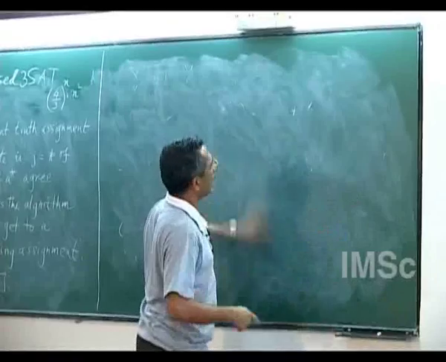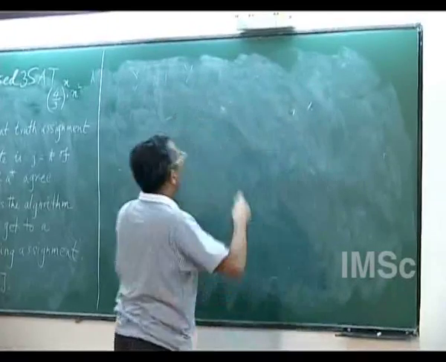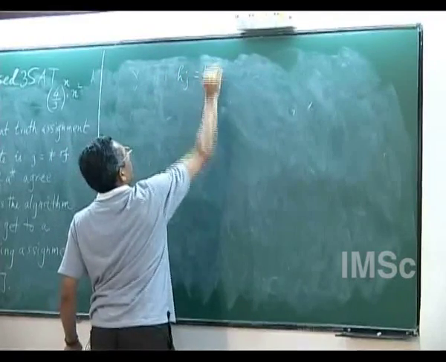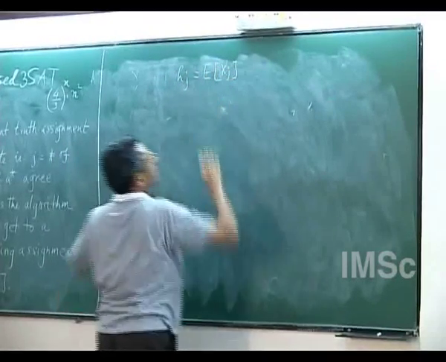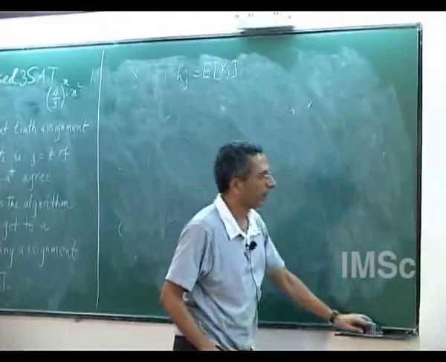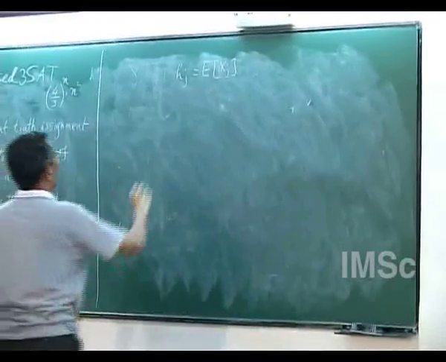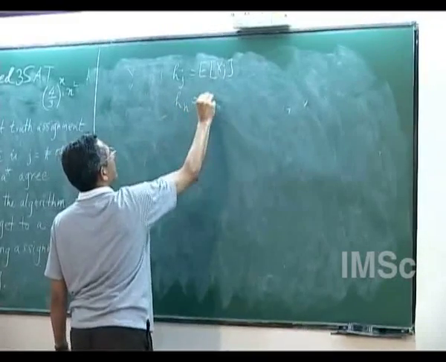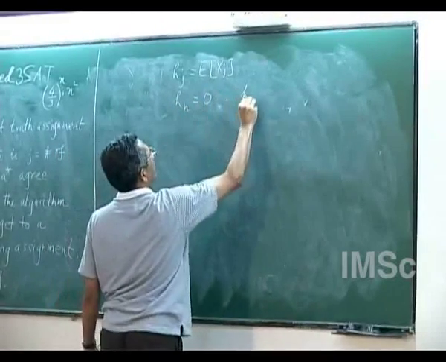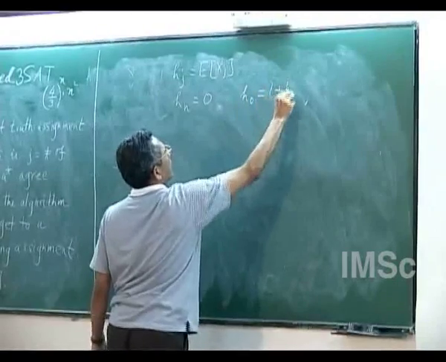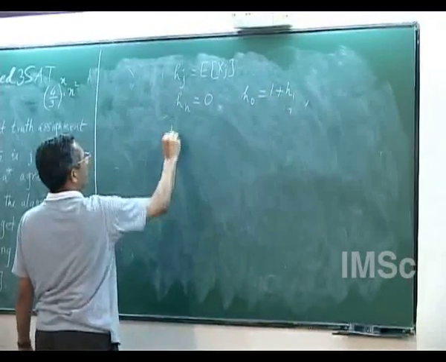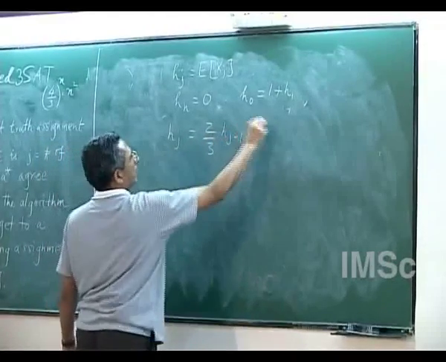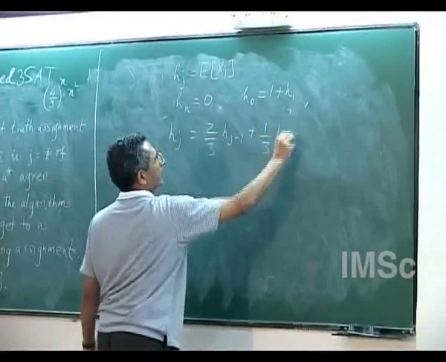This is the random walk that we have, and let's say h_j is the expected value of x_j. And again I know that h_n is 0 and h_0 is 1 plus h_1, and h_j is now 2/3 h_{j-1} plus 1/3 h_{j+1} plus 1.